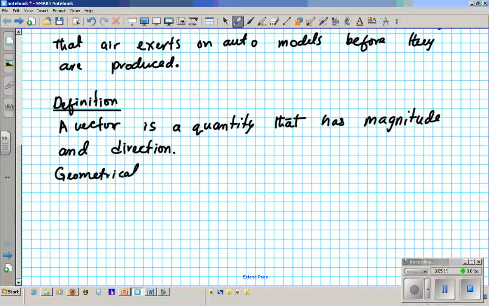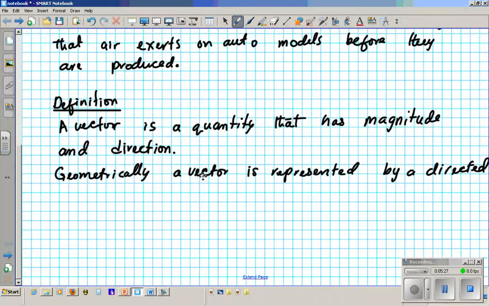Geometrically, a vector is represented by a directed line segment. Okay, directed line segment.